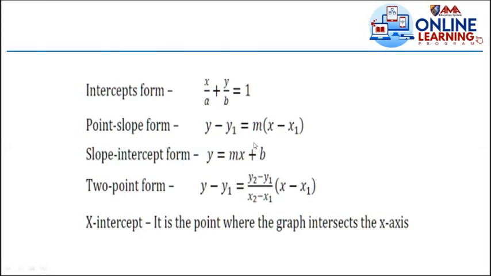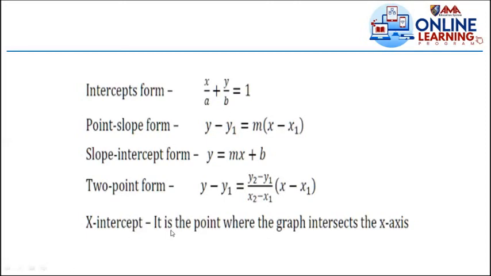Next, for the intercept form, x all over a plus y all over b is equal to 1, where a is your x-intercept and b is your y-intercept. So this is now the summary of the formula for the equations of the line.